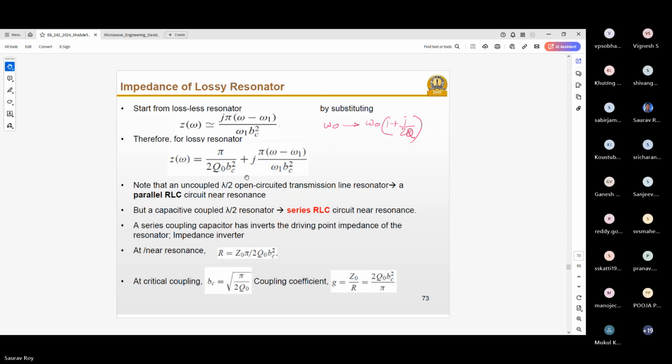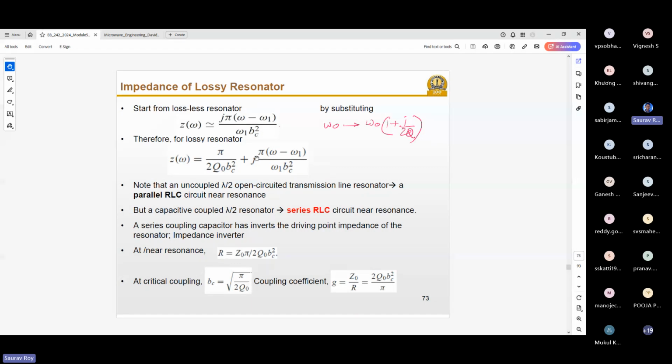Now, as you see, first we started with a parallel resonant circuit. And because of the capacitive gap, what we get here is equivalent to a series RLC. So that means the function is getting inverted here. The normal lambda by 2 microstrip line gives the response of a parallel RLC.